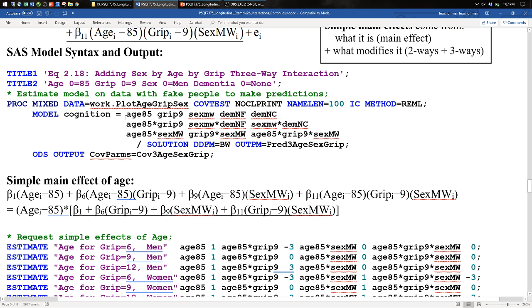Now for completeness, I've listed all of these out, but that's a lot of typing. Do you want to see a shortcut? If you replace the stars with bars like this in SAS, do you know what it does? It gives you all possible main effects and lower order interactions.